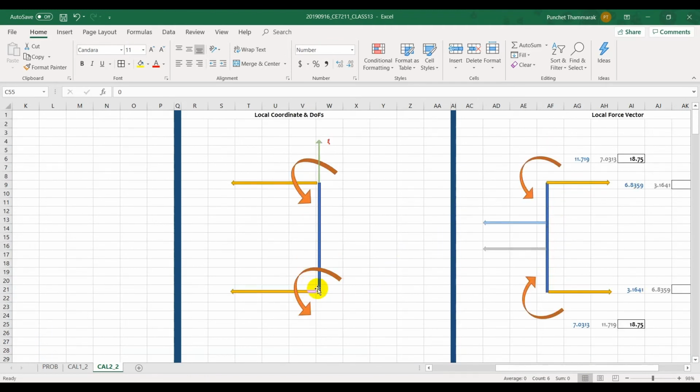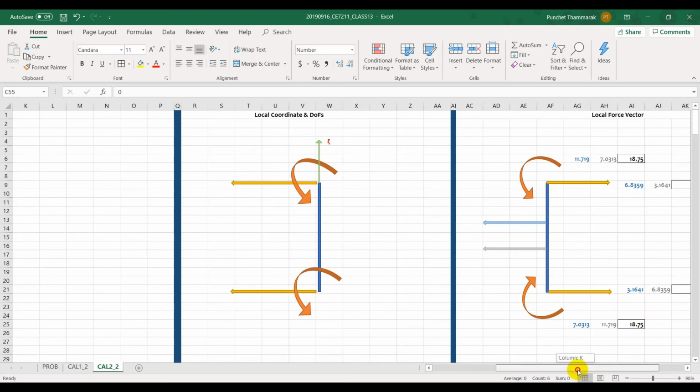Now we look at the first node. The first node here, we don't have any force in the axial direction, so the number 1 and the number 4 will be 0. Next one is this, which is the F2.